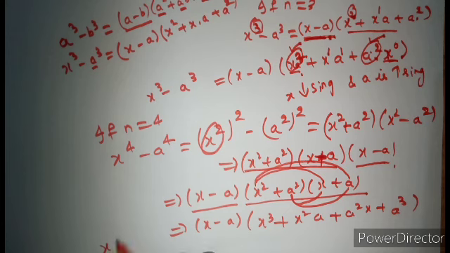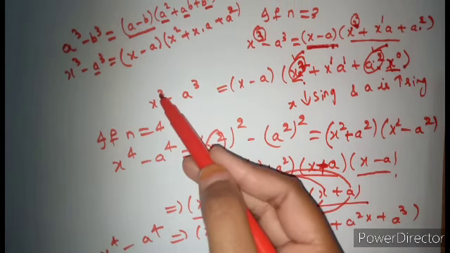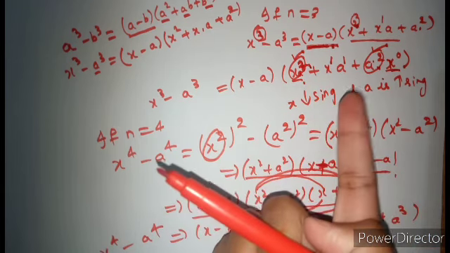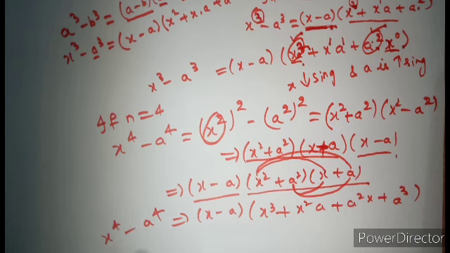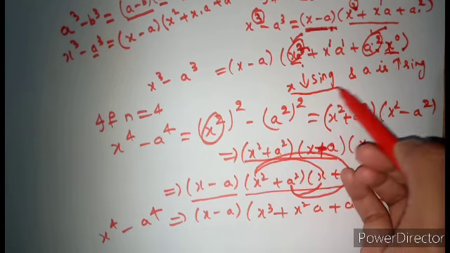Here we have x power 4 minus a power 4. In x cube we have 3, it is reducing by 1, right? So now here we have 4 and here we have 3. So it is reducing by 1 number, right? Here we have 4, now 3, right? What I have told, x is decreasing and a is increasing.